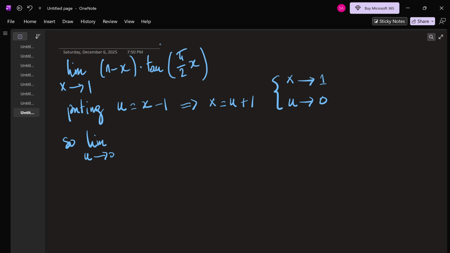So here 1 minus x becomes minus u times the tangent of pi over 2 times (u plus 1). Now I will use another law.